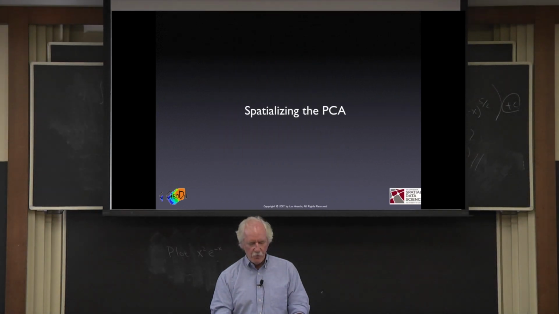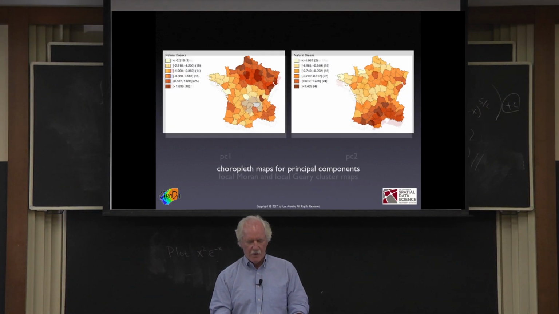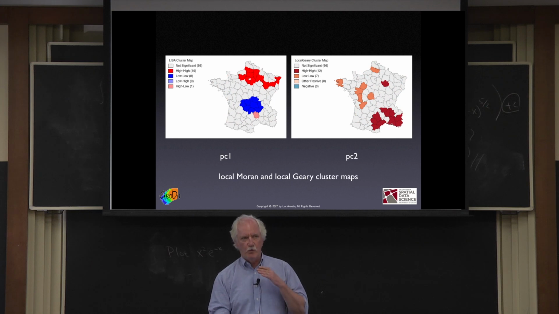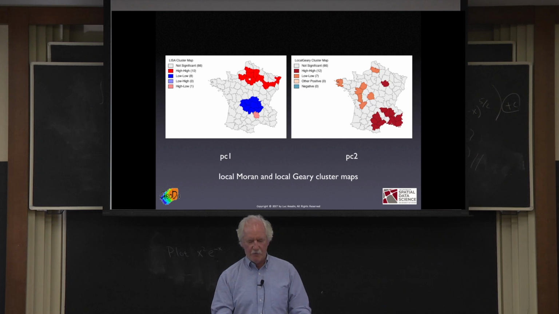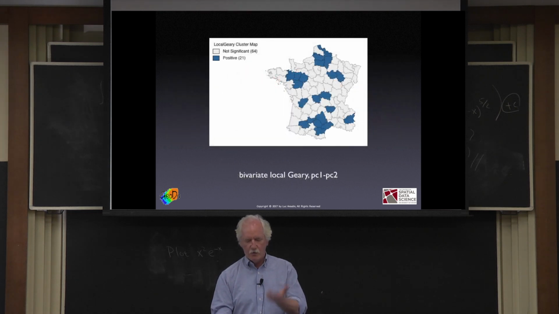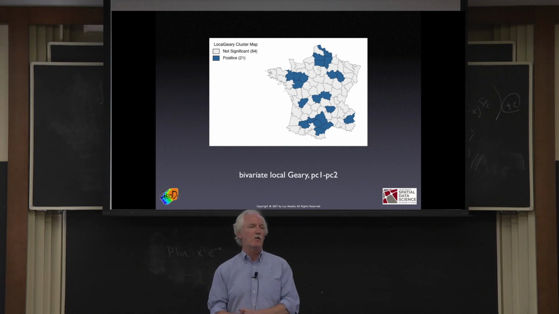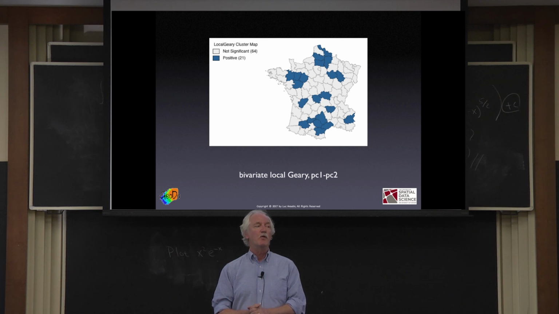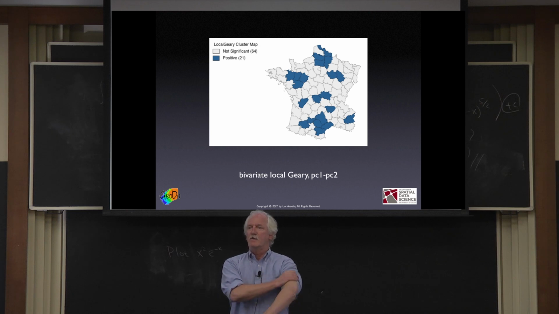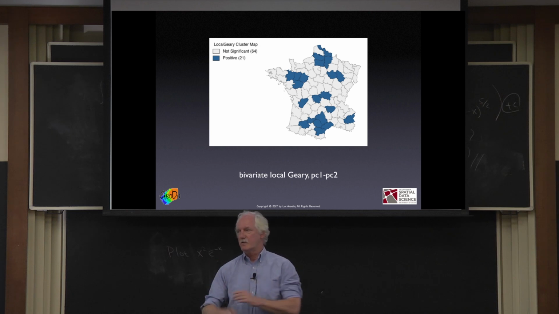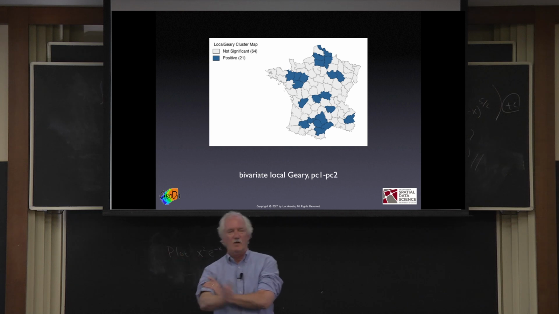And the more I think about it, once you get to many variables, it is the only way to go, because you get killed by the curse of dimensionality. And so you can do bivariate. The thing about the bivariate local correlation, but also the bivariate global correlation, is that you have to worry about the in situ correlation of these variables. Remember when I discussed bivariate, I think maybe I didn't discuss it, but it's in the notes.